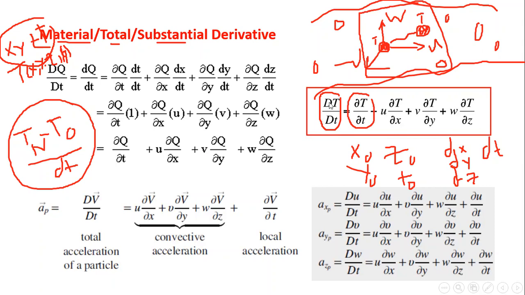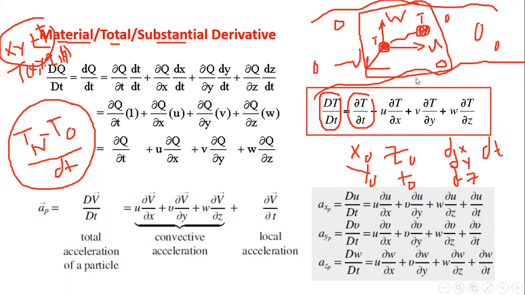So finally, the total temperature derivative with time is calculated from this relation: partial T, partial t, plus u partial T partial x, plus v partial T partial y, plus w partial T partial z.